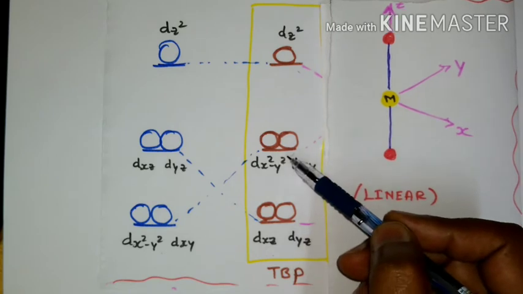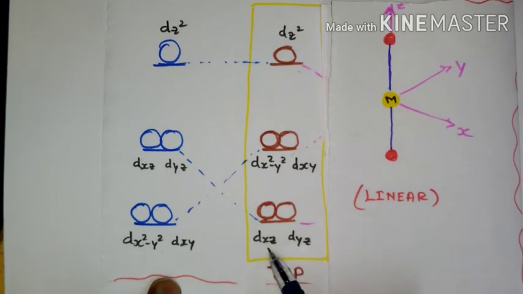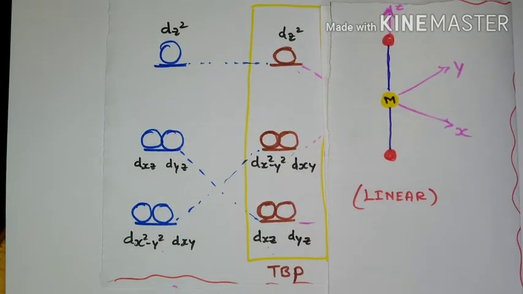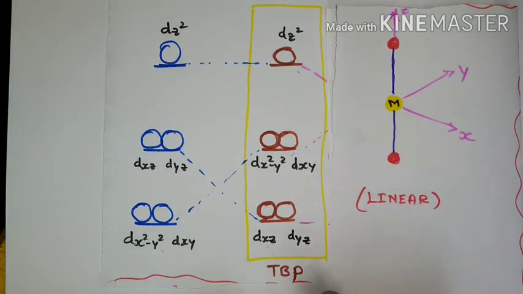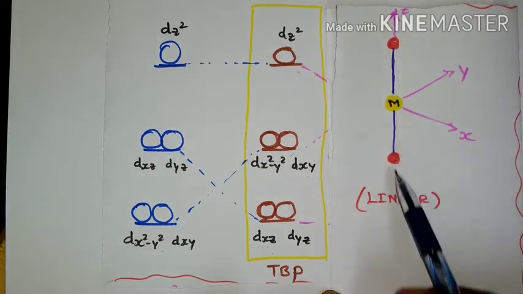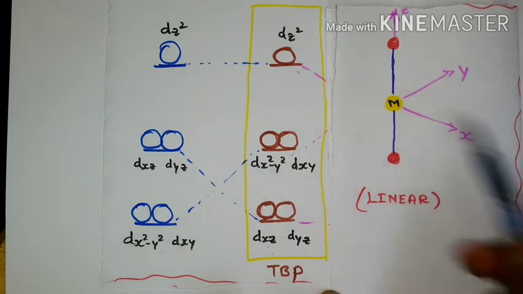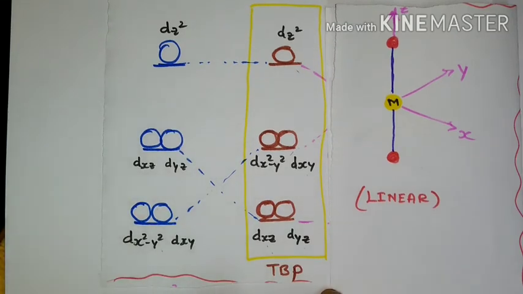That is, if I lower the energy of dx square minus y square, dxy, and increase dxz, dyz energy, and keep the energy of dz square same, then I get the d orbital splitting for linear geometry. Or else we can write from the geometry itself. That is, d orbitals containing a z component will have greater energy, whereas d orbitals containing an xy component will have lower energy. Either of these you can remember.